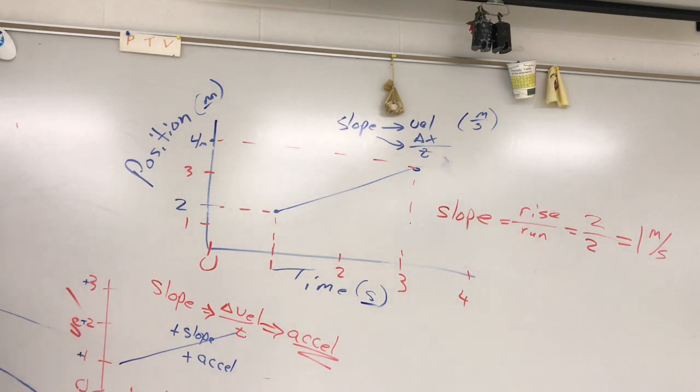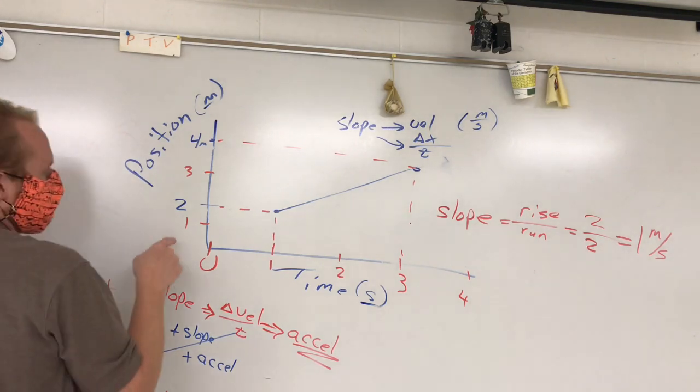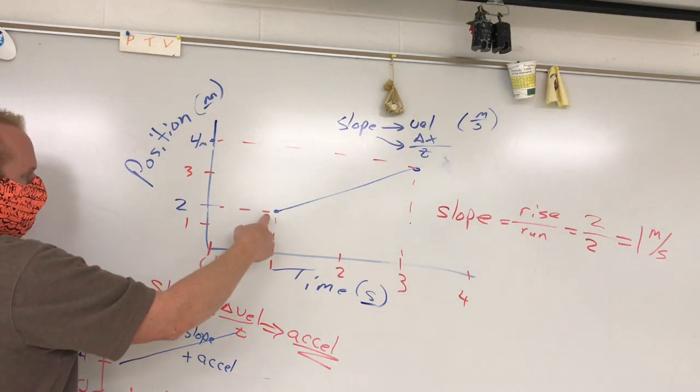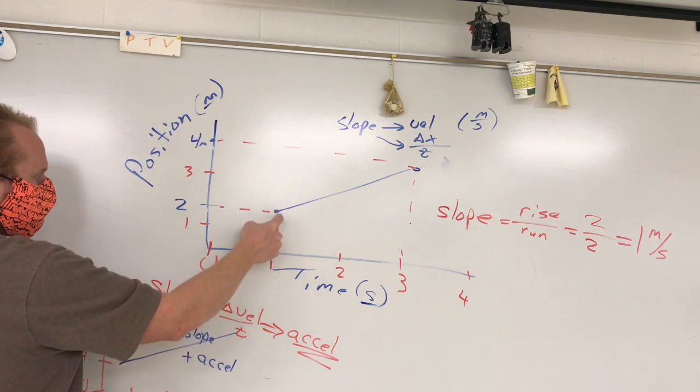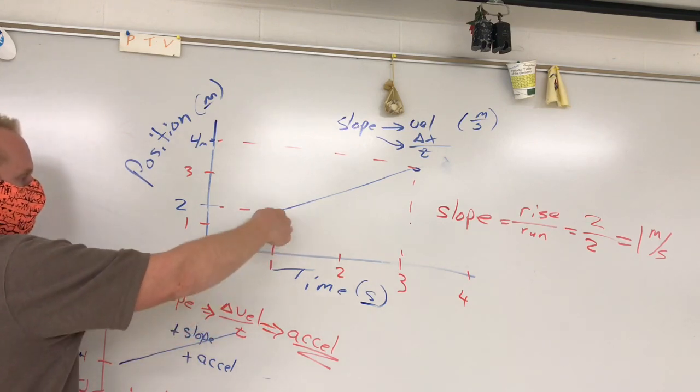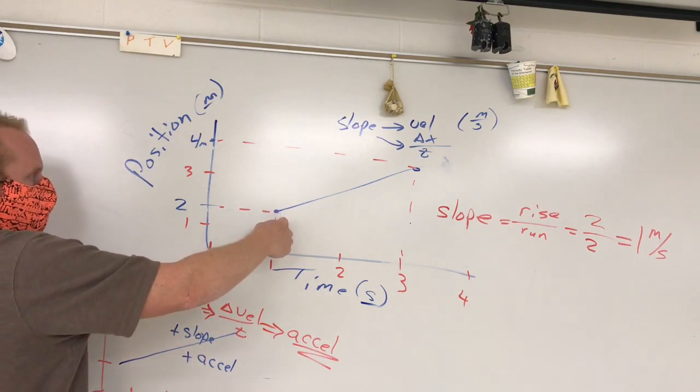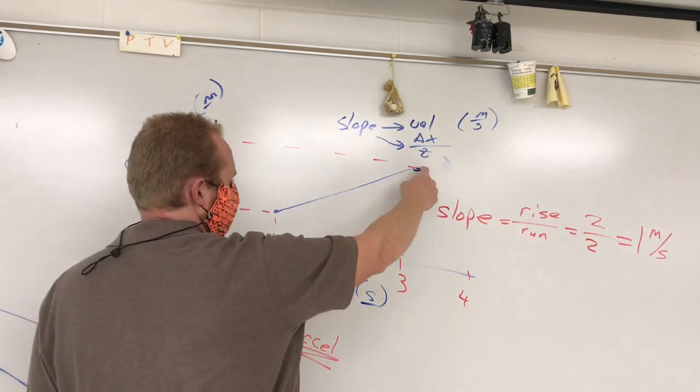But what we could do is actually put numbers in these. Now, these graphs don't have numbers in there yet. We'll get to that piece down the road. But if we started at a position of 2, at 1 second, the object is 2 meters away. And then at 4 seconds, it's 3 meters away.